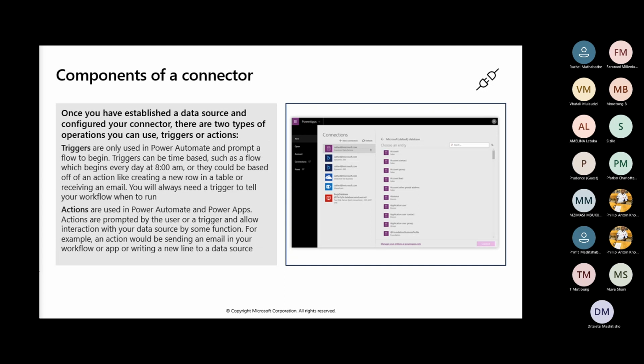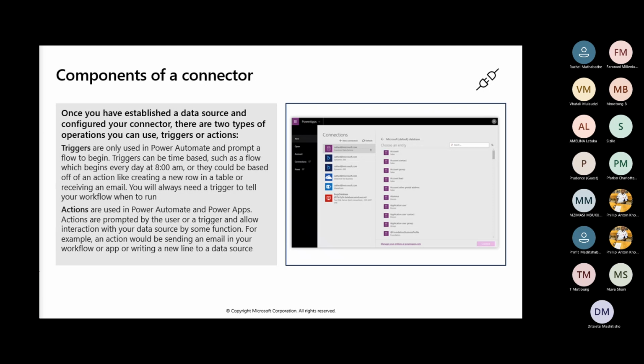Let's look at components of a connector. Now, once you have established a data source and configured your connector, there are two types of operations. You can use trigger or action. Now, triggers are only used in Power Automate and prompt a flow to begin.